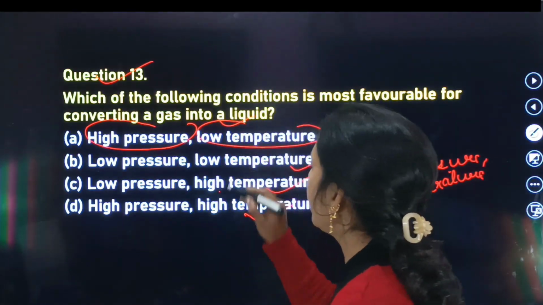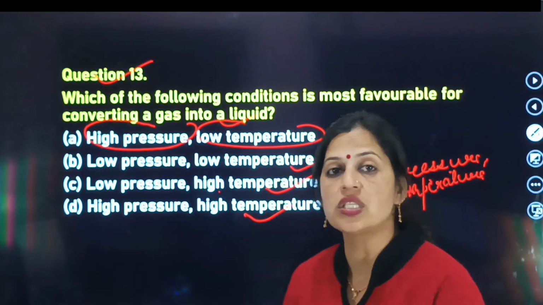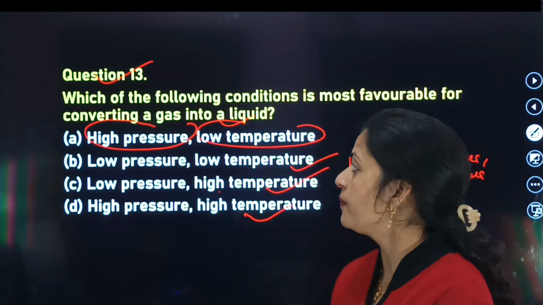So this is the right answer, that is high pressure and low temperature.